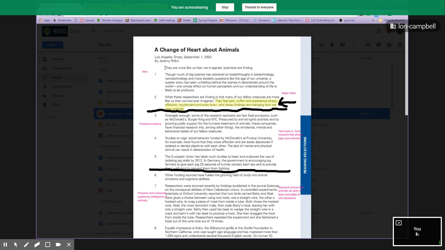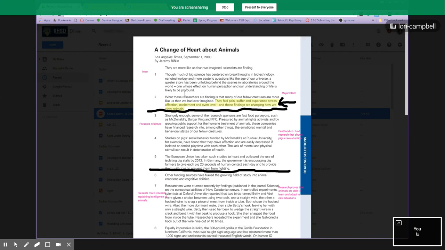So this first paragraph here, "They are more like us than we imagine, scientists are finding." This is actually the subtitle of the article. And then the sentence that ends this, let's see, "A quieter story has been unfolding behind the scenes in laboratories around the world, one whose effect on human perception and our understanding of life is likely to be profound."